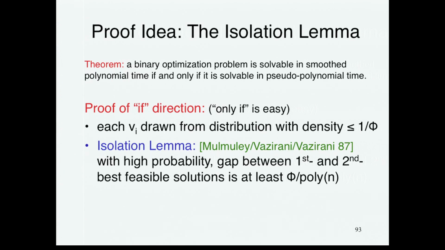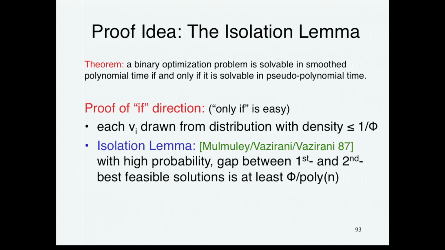Okay? So that's the isolation lemma. With high probability, over the choice of the integers for the edges, there's a unique maximum matching. Or the way I want you to think about this, by saying it's a unique maximum matching, they're saying that the gap between the best matching and the second best matching is at least 1. Okay? They're arguing a lower bound on the gap between the first best and the second best.